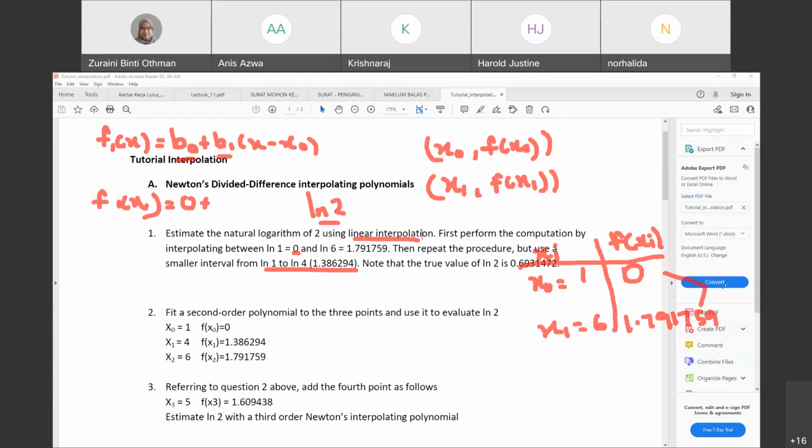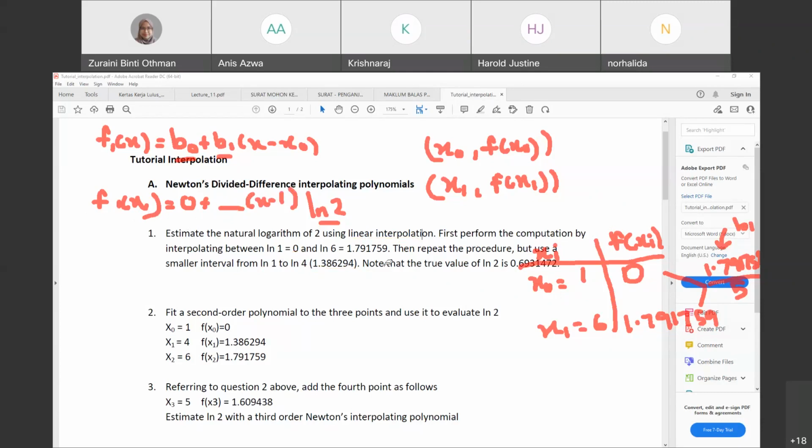So this is the kecerunan, iaitu 1.791759 bahagi dengan 6 tolak 1, 5. Okay, dapat nilai ni, put it here. This is your b1. So b1 ni letak dekat sini. Kat sini ialah x tolak x0, which is x tolak 1. Now this is the general form. Yang ni kamu akan dapat nanti. Okay, dapat tak apa yang saya nak bagi tahu?